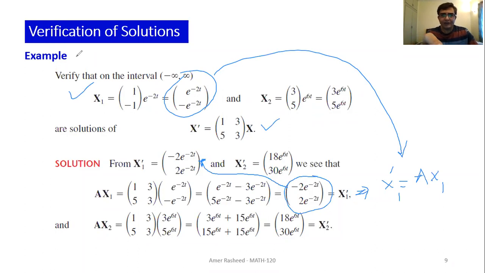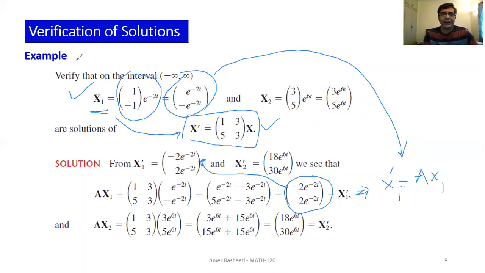There is a question in the chat window. The question is, why are we solving it like this? We are investigating what kinds of solutions these linear systems have. Linear systems have solution vectors, and now we are trying to verify that these vectors are solutions, that they satisfy the linear system.